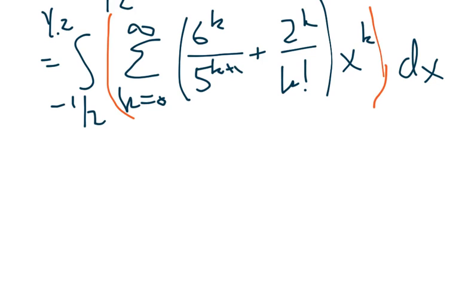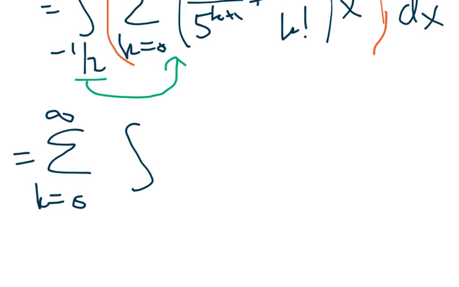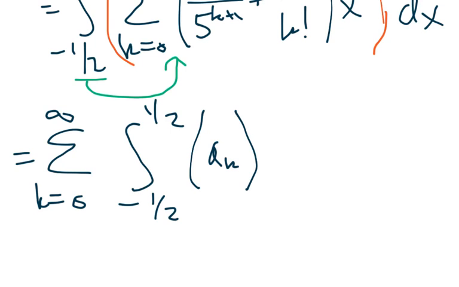Okay, and now, this is the important part. Because we're within the radius of convergence, we can bring this integral inside. You can only do that if you're within the radius of convergence. So now we have the sum from k equals 0 to infinity of the integral from minus 1/2 to 1/2 of this coefficient, which I'm going to call a_k, times x to the k dx.